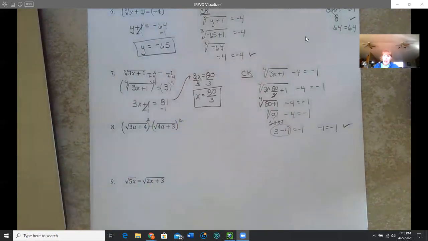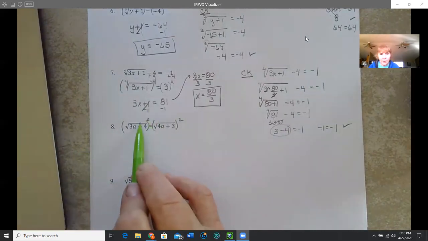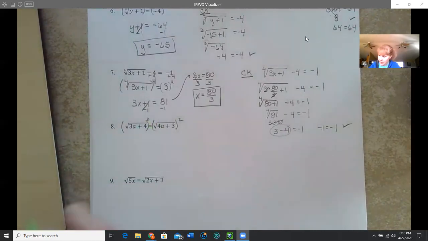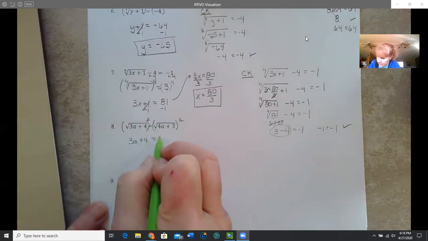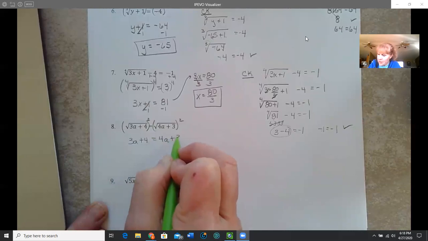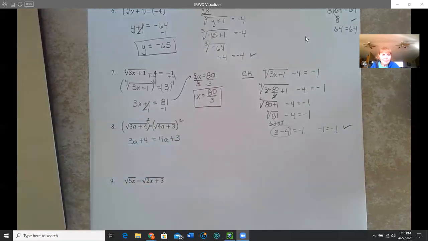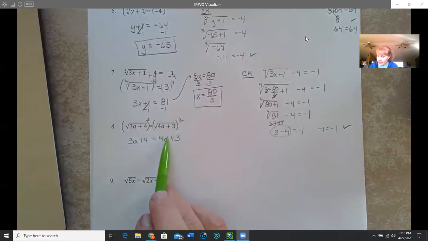Okay? And if you square a radical, that radical will disappear. If you square a square root, the square root disappears. And it disappears on both sides. Pretty nice. So now that we don't have a squared in the a's or anything, you just get the a's by itself and then you're done.